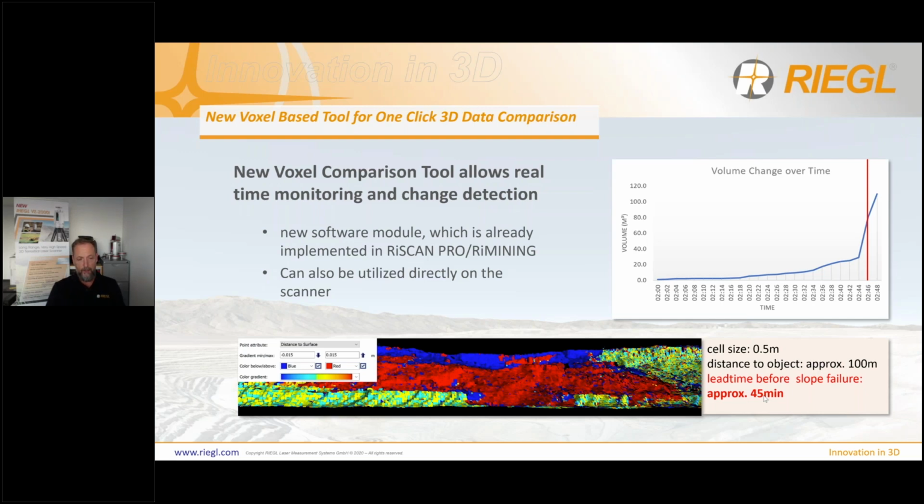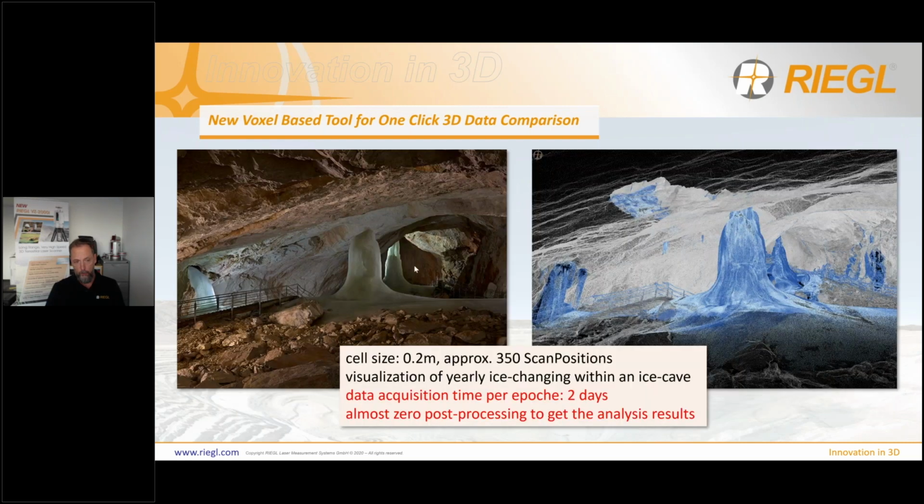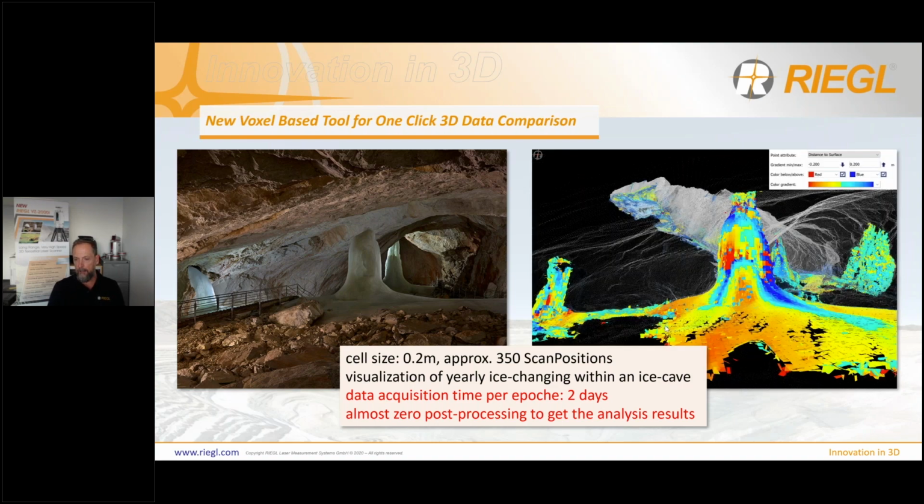A second example is an underground example. That could be an underground mining, but in that case, it was a very famous ice cave in Austria. We have scanned it at 2 different epochs, 2017 and 2019, registered the data together, and then simply ran this voxel comparison with 2 mouse clicks, and we get immediately in the whole cave an analysis of where the ice was growing within these 2 years and where it was decreasing.